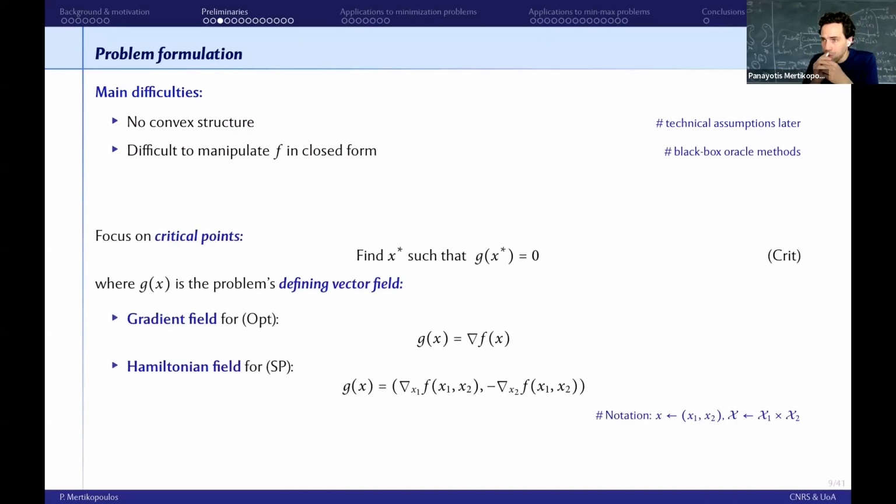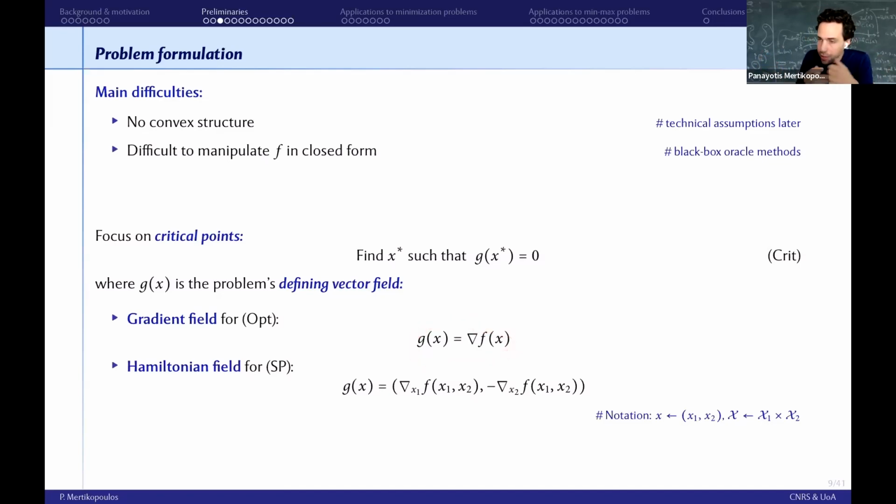And also, just to avoid dealing with an impossible problem, I want to concentrate on a much easier problem. First of all, to see whether it is possible and under what conditions it is possible to find at least critical points, meaning points where either the gradient is 0 or the corresponding min-max gradient of the function is 0. So these are critical points, not necessarily always desirable.